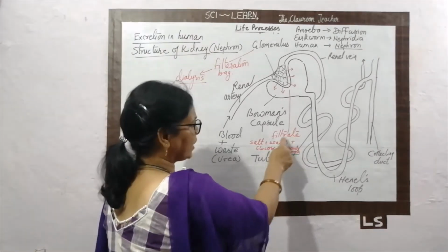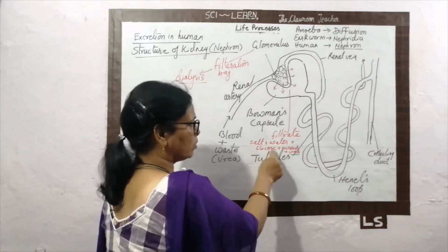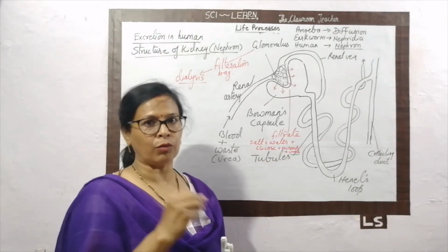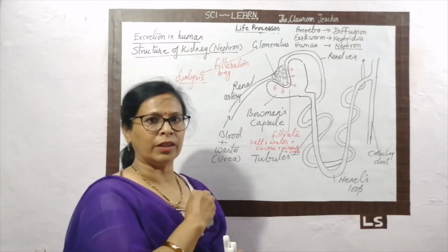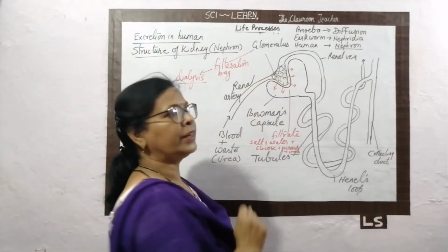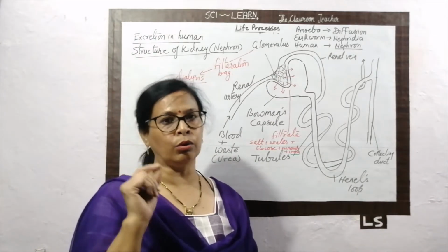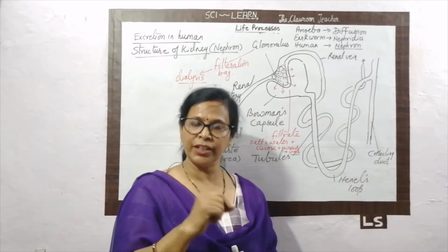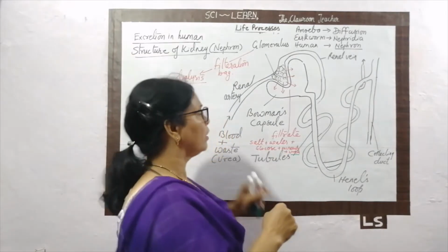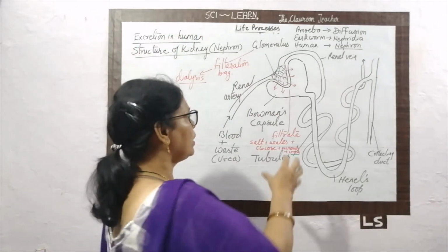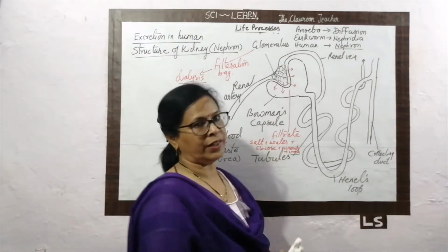So this filtrate contains salt, water, glucose, and minerals. These are the dissolved substances. The substances dissolved in the water are filtered out with the help of the filtration bag called the glomerulus. The process of dialysis means the filtration of the dissolved substances is performed by the glomerulus. All these substances are not waste substances.